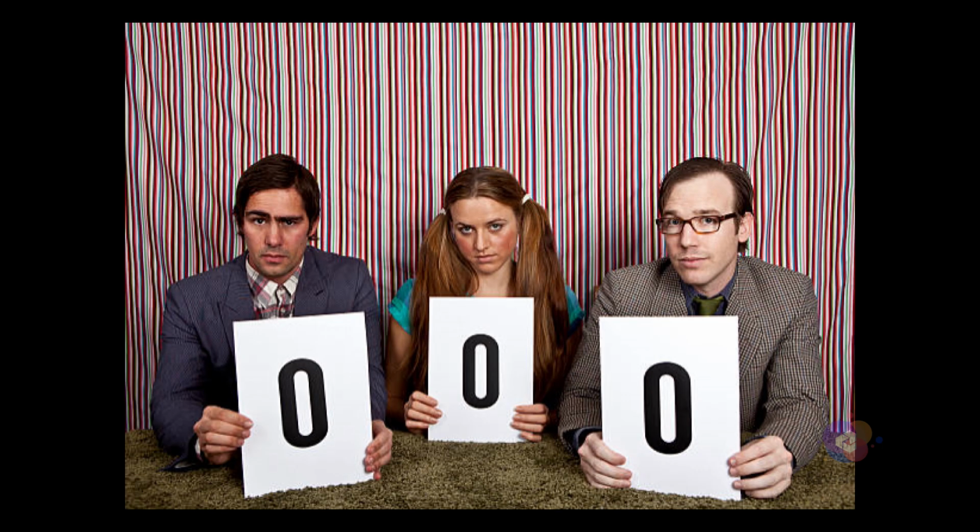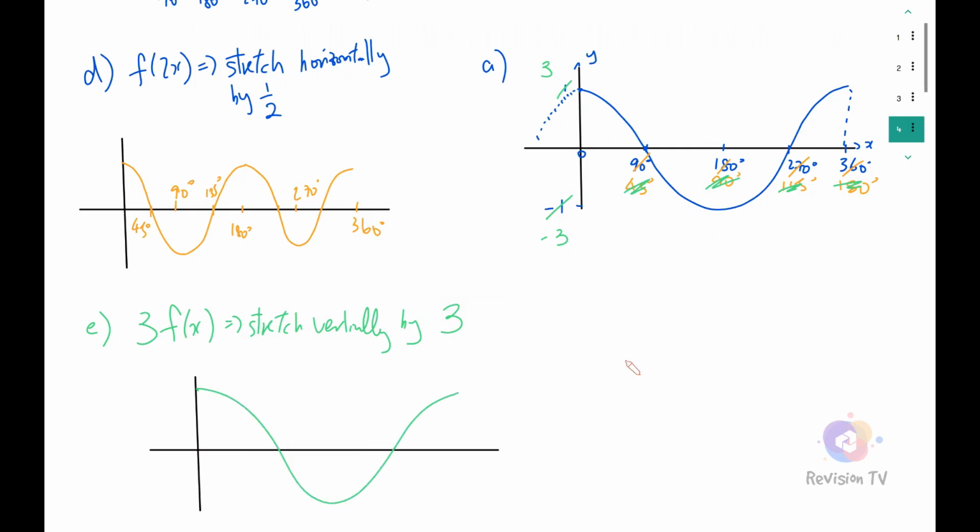Yeah, a bit better, but still. 3 and -3. All the numbers remain the same. 90, 180, 270, and 360. But if you do want to show a bit more, you can draw it a bit higher and lower, I guess. But you don't really have to, it's just about numbers.